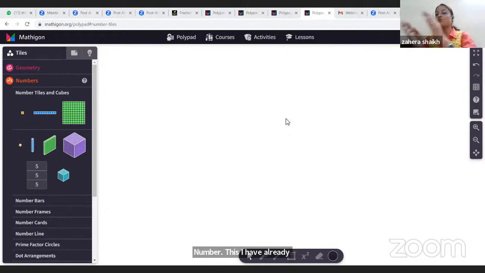Now I bring my students to a maths lab class, or I bring some manipulatives into the class and ask them, see, yesterday we learned about prime and composite numbers. Whatever we learned through abstract numbers, just try to represent it using manipulatives. That is what we are doing, maths using manipulatives.